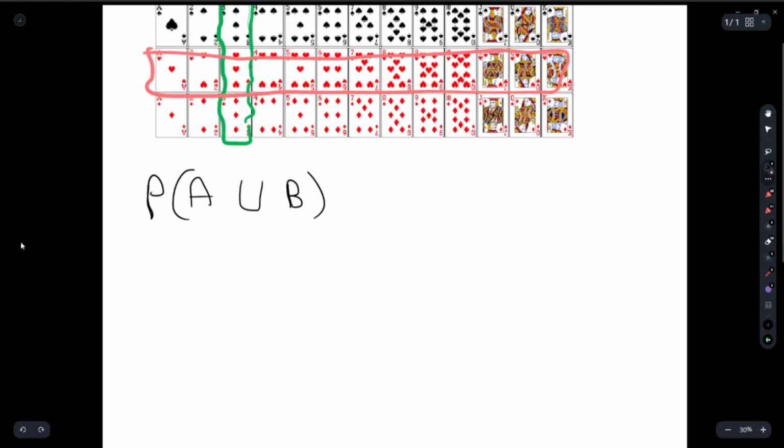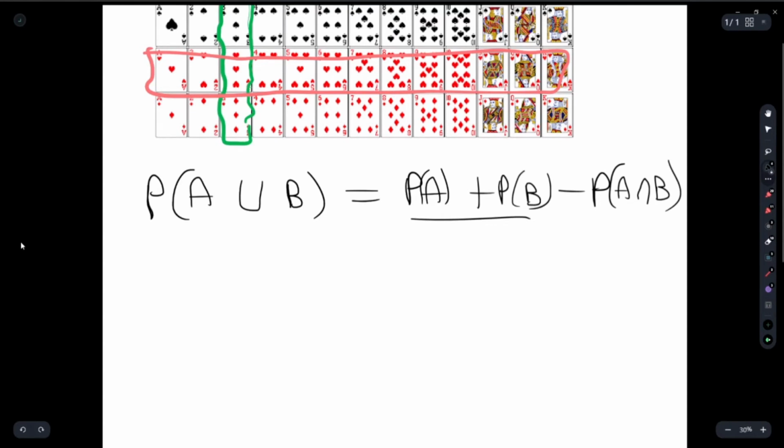So that probability equals the probability of A, which in this example is the 3, plus the probability of B, which is the hearts in this case, minus the probability of A intersection B. So here we're adding both probabilities and then we're removing the intersection.